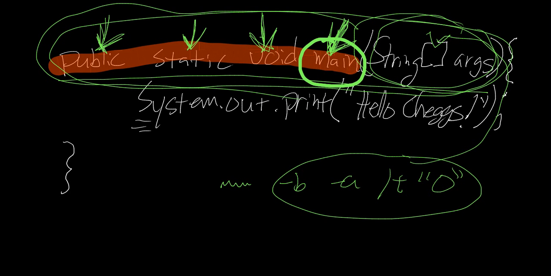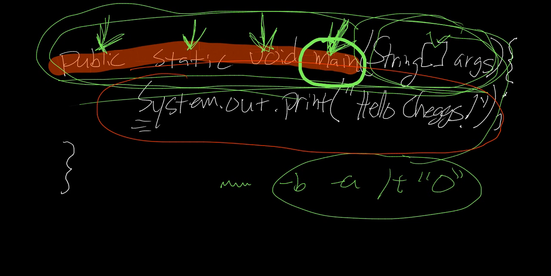Now the next method right here is going to print hello Cheggs into the console at the bottom of your IDE, if you're using NetBeans or Eclipse. That's going to print hello Cheggs, which is a string.